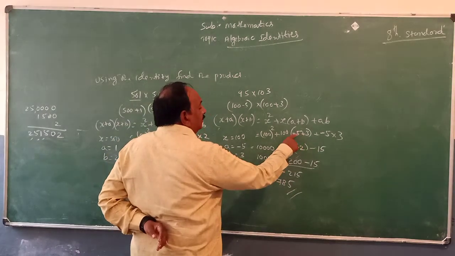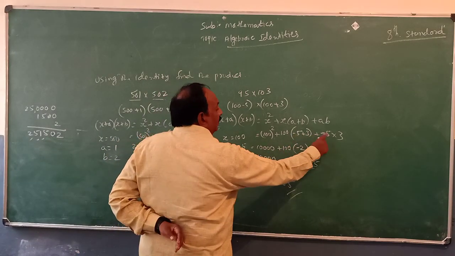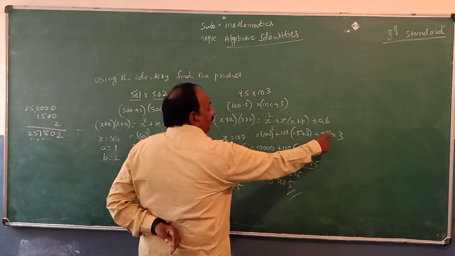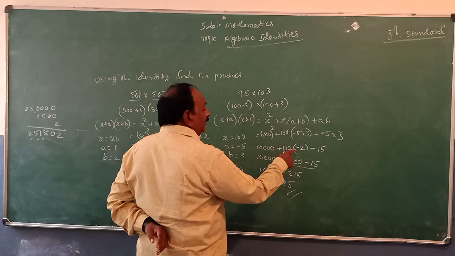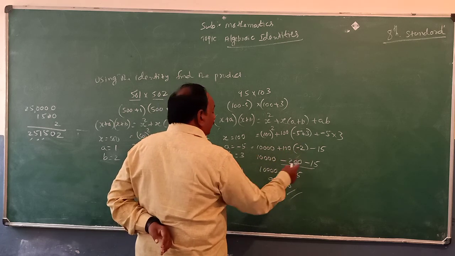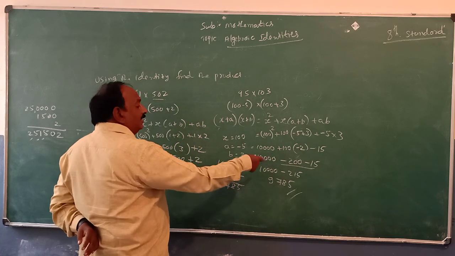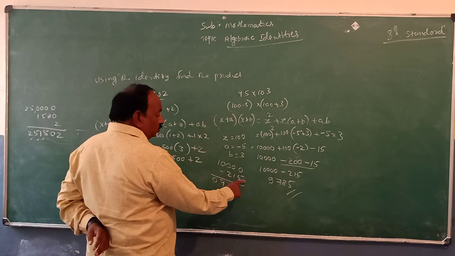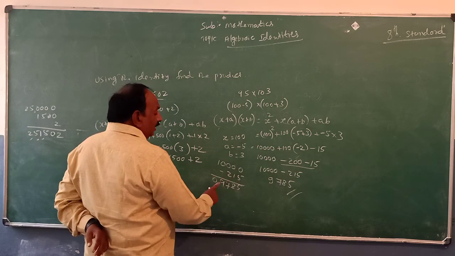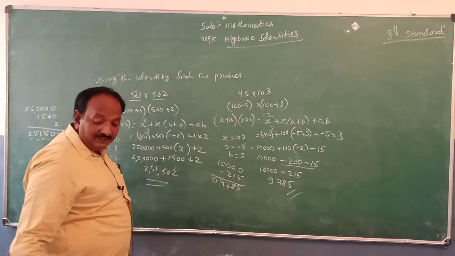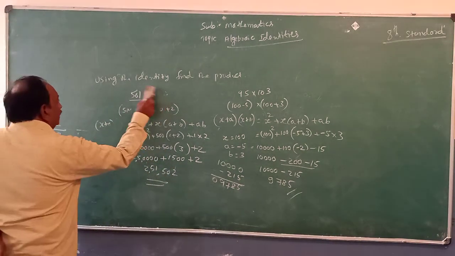Minus 5 plus 3 is minus 2. Plus into minus is minus. 5 3s are 15. 10,000, plus into minus is minus, 100 2s are 200, minus 200 minus 15 is minus 215. 10,000 minus 215, 9,785. Next.